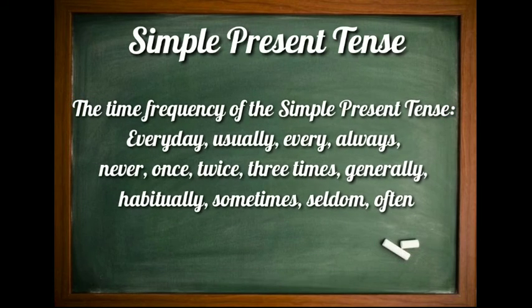Remember, the time frequency of the simple present tense can be like every day, usually, every, always, never, once, twice, 3 times, generally, habitually, sometimes, seldom, often, and so on.